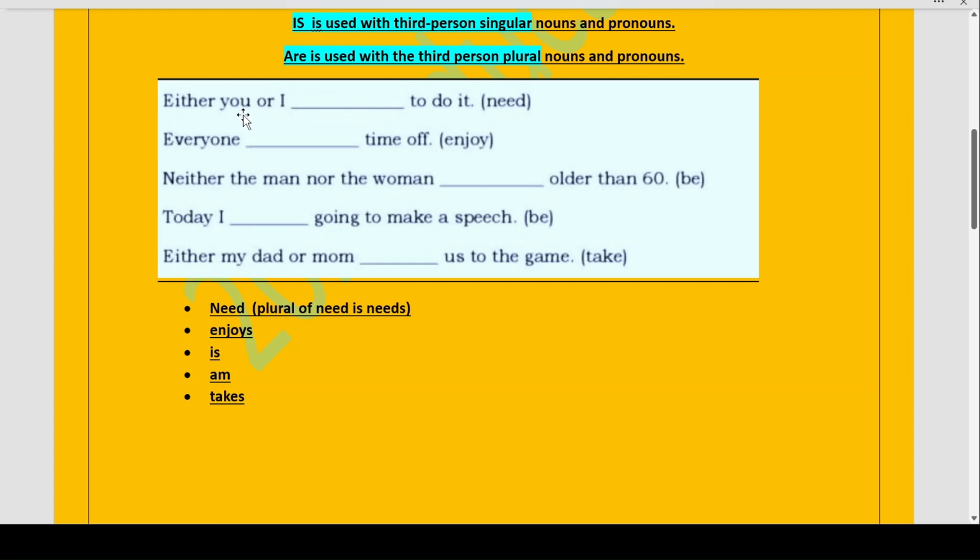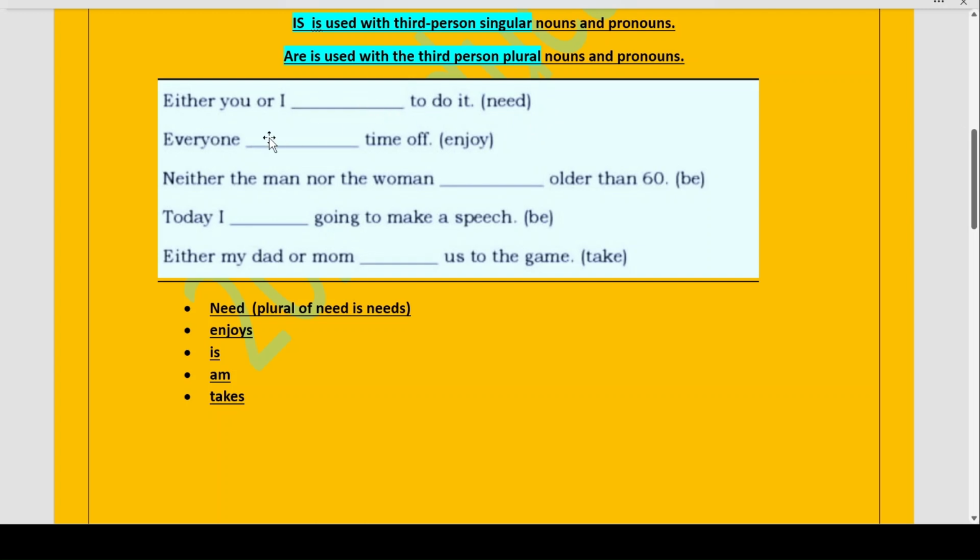Now, which is the subject between you and I, which is closer to the verb? It is the subject I. So, I is singular. So, I will be followed by a singular verb. Either you or I need to do it. Depending on the base form of the verb need, which is given, we will write need here. And what is the plural of need?